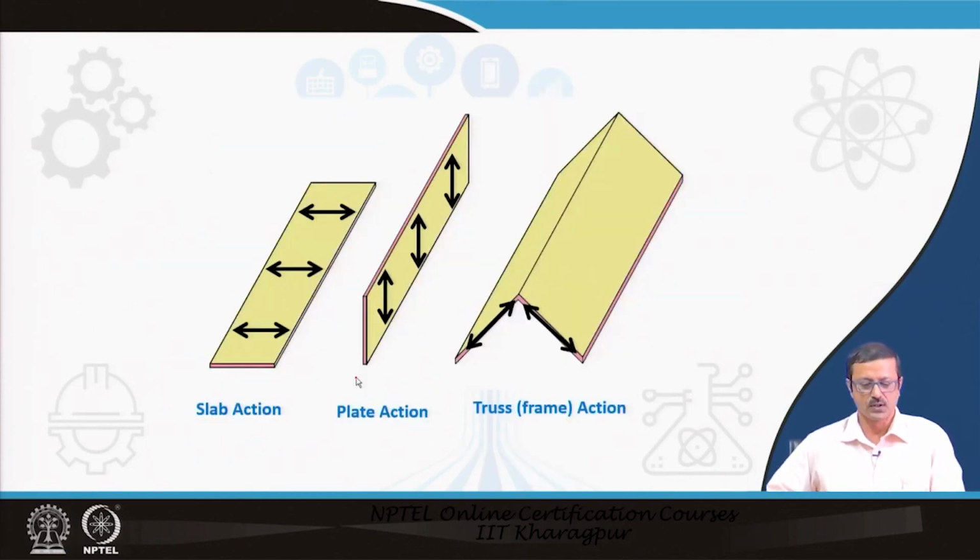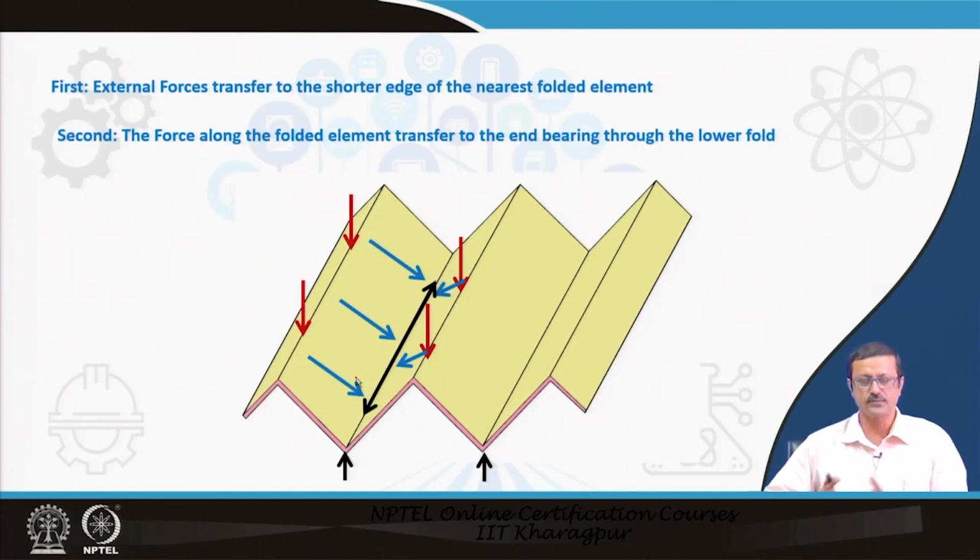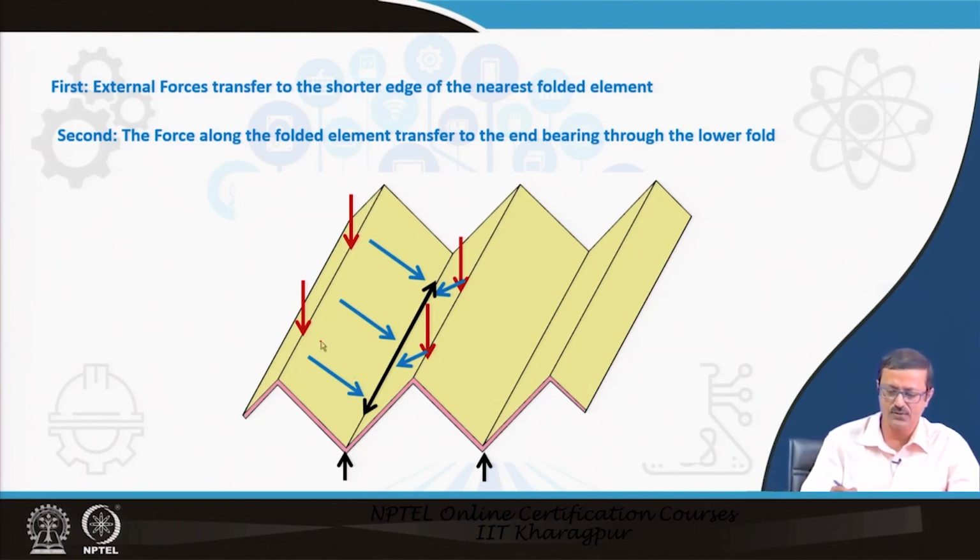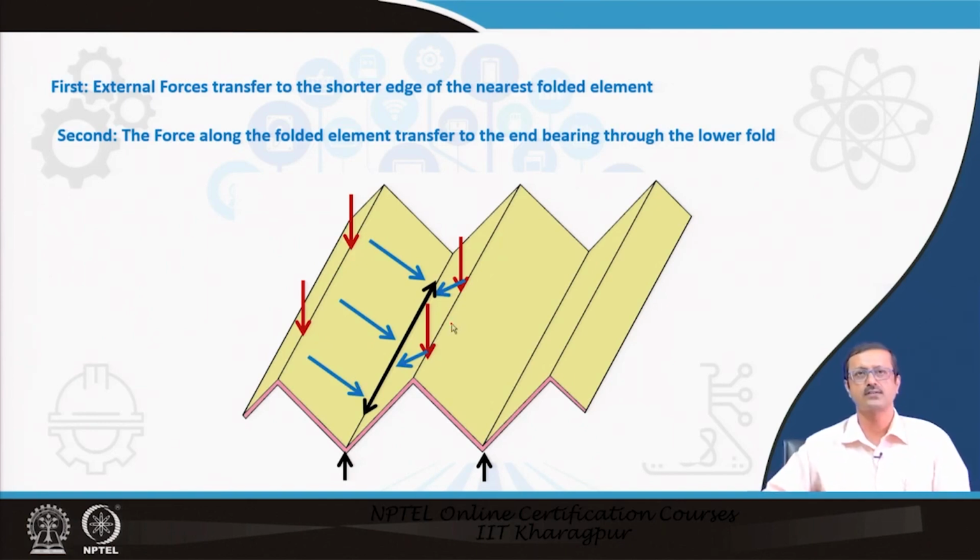This can be easily understood from the leaves. In folds, if you see a slab, these folds basically have either a slab action, a plate action, or a truss action, which I have described here. In folds with truss actions, the red forces are the external forces, which generate membrane forces, as we discussed in membrane structures, a flow of forces generated in the truss as truss action and in the inclined plates. The membrane forces are given by the blue arrows.